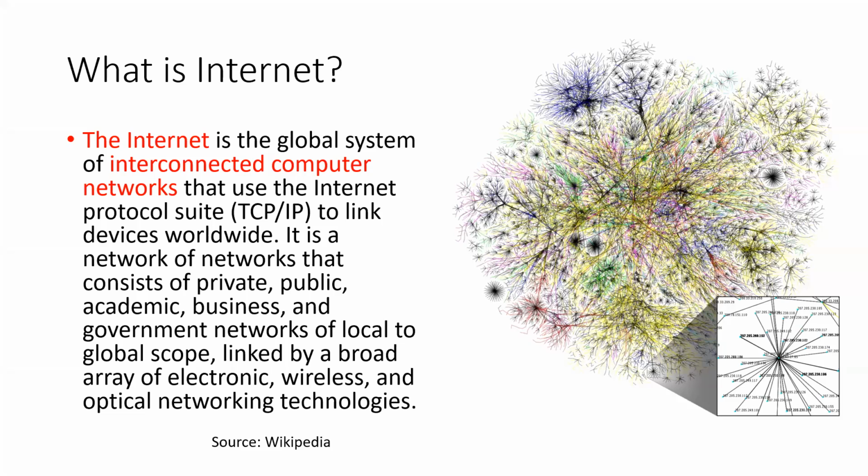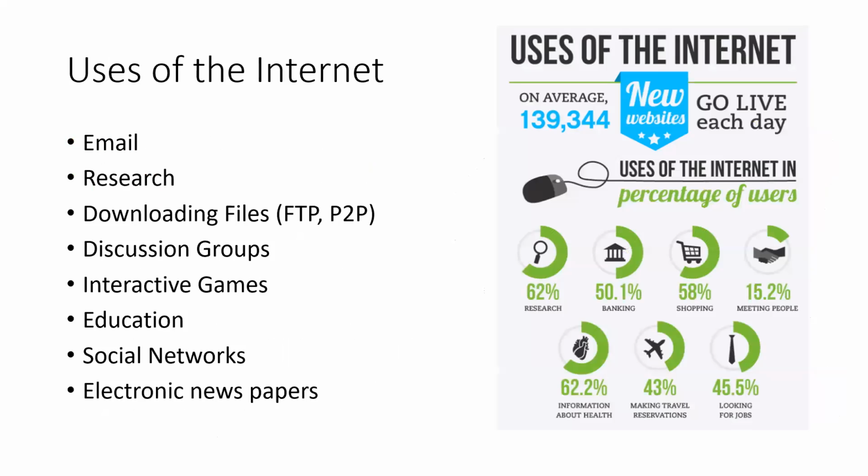Assume that it is the largest computer network you may find. When it comes to looking at the different networks, you will have all these public networks, private networks, and then academic and business networks. All these together create this network, which is used for different tasks.